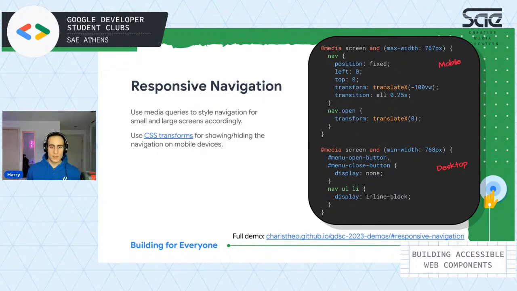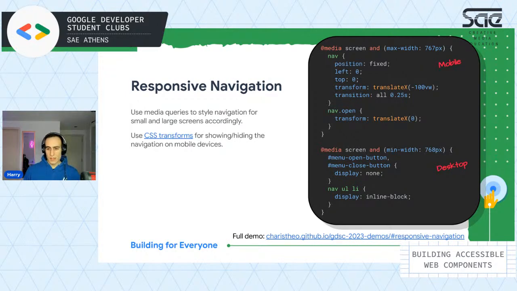Now, one last thing I'm going to stress about the responsive navigation is that while it can be very simple to implement with CSS and media queries, as you can see here on the right, there are different ones for mobile and desktop, or more correctly, let's say smaller devices and then larger devices.